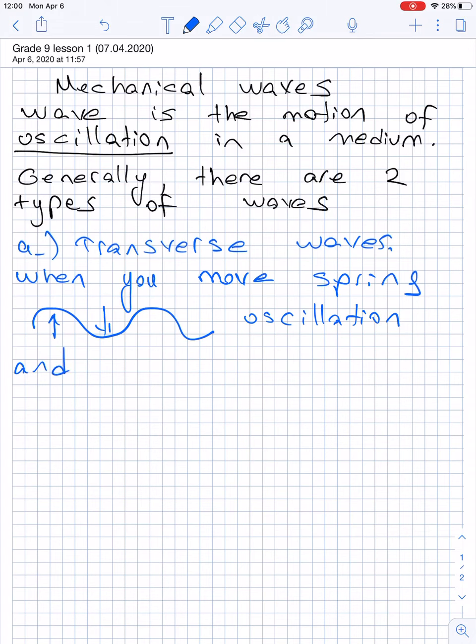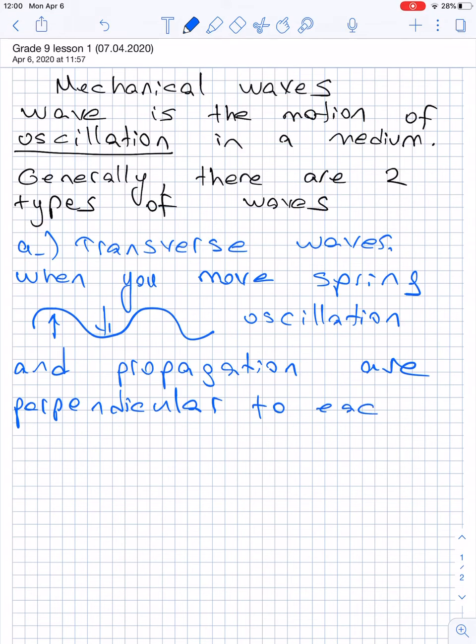Oscillation and propagation are perpendicular to each other.